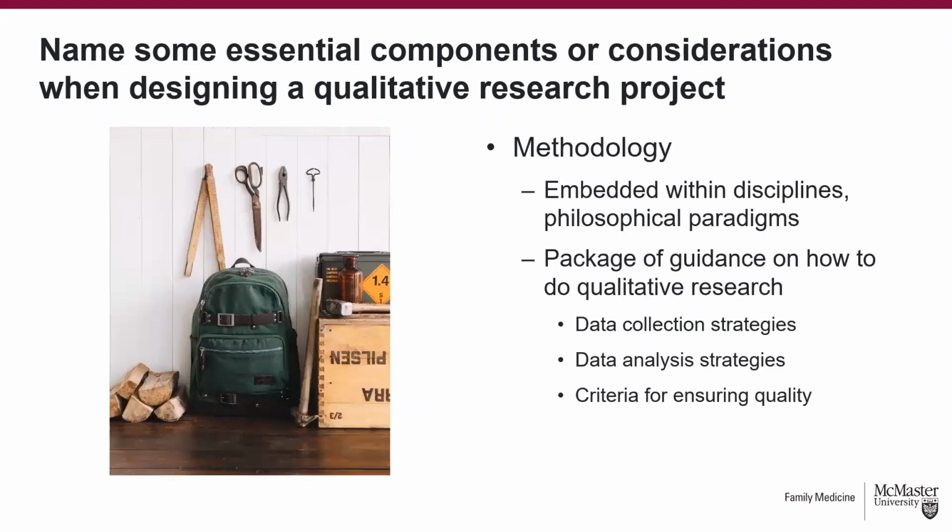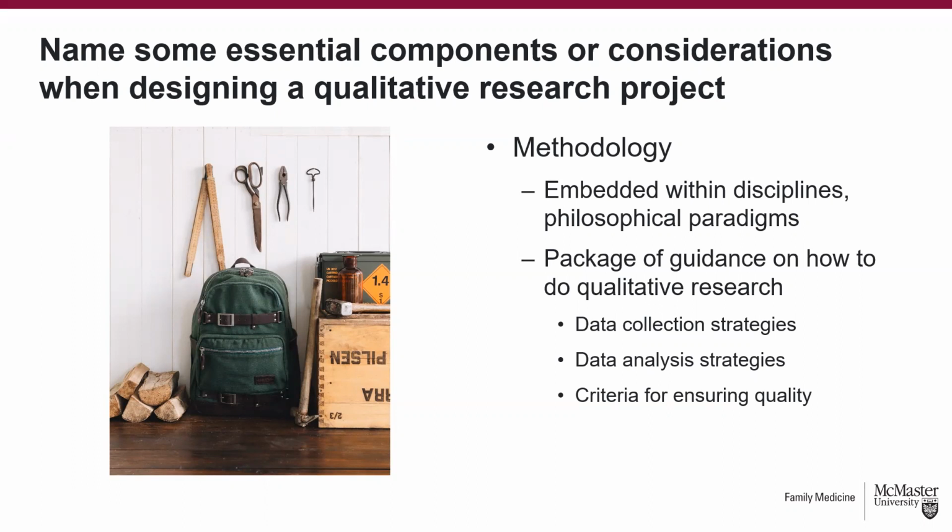The second essential component when you design a qualitative research project is the methodology. A methodology is a way of getting information, per the last slide. These are often embedded within disciplines. They're congruent or incongruent with particular philosophical paradigms, so you need to make sure there's a match there.